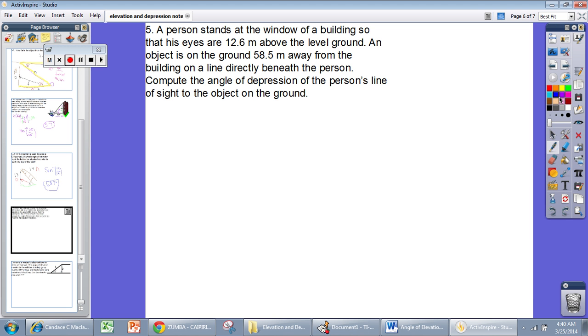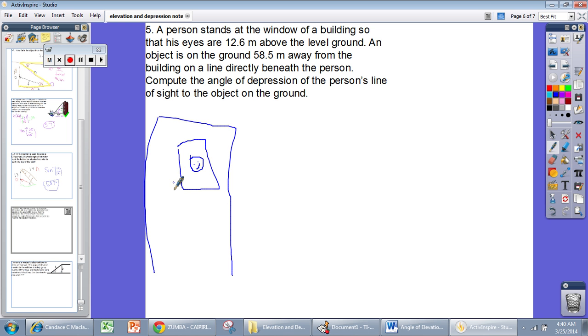Okay, so make your building. Make a person. He's happy. Okay, he is 12.6 meters. And there's an object. Let's say it's a beautiful lady.